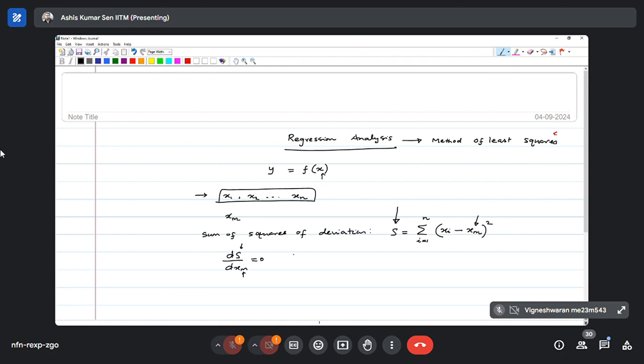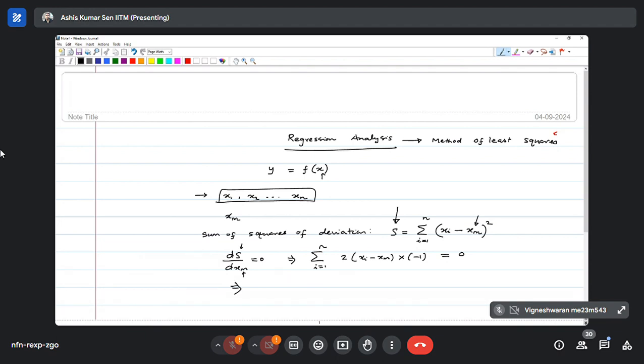So when you write dS over dxm is 0, you would get the sum from i equal to 1 to n of 2 into (xi minus xm) into the derivative of minus xm, so that will give you minus 1. So this is equal to 0, right?